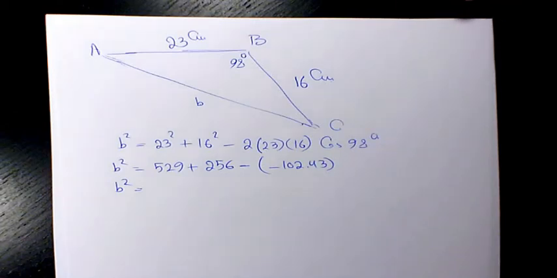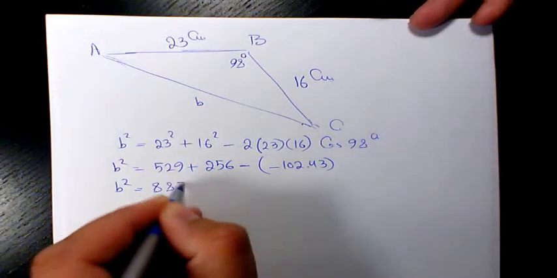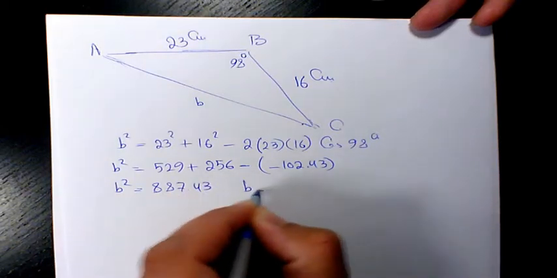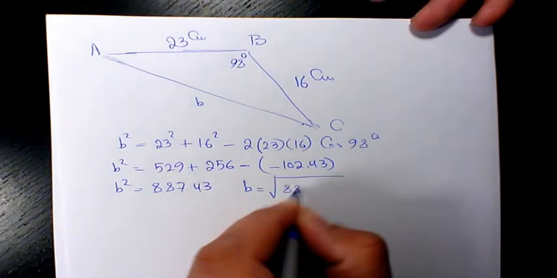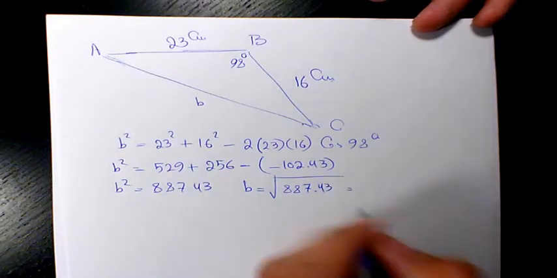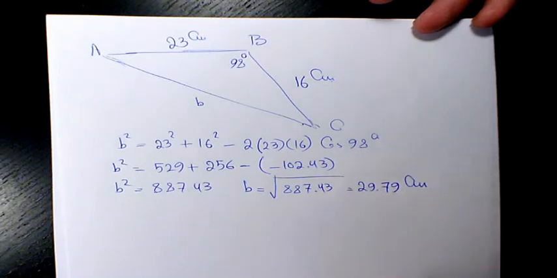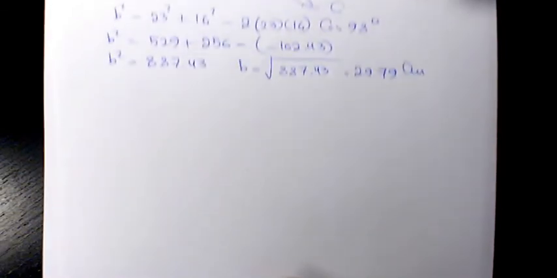That's 529 plus 256 plus 102.43. This is going to be 887.43. So B is going to be the square root of 887.43. It's going to be 29.79 centimeter. Next example.